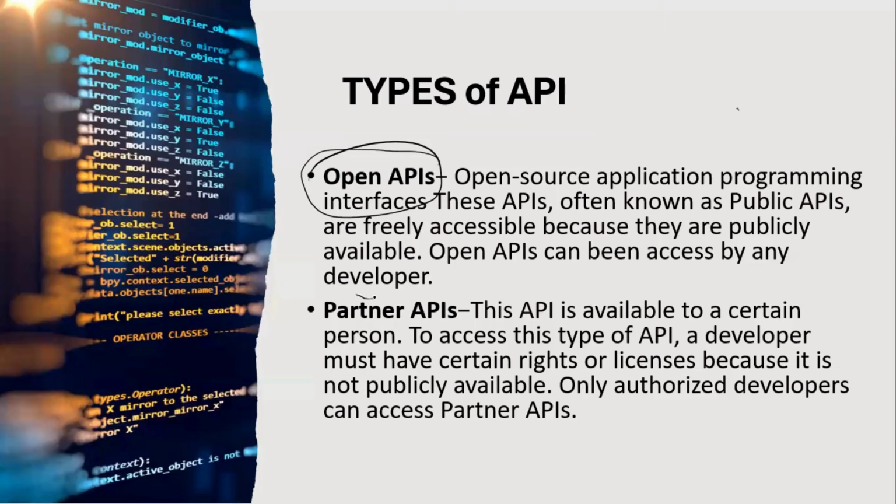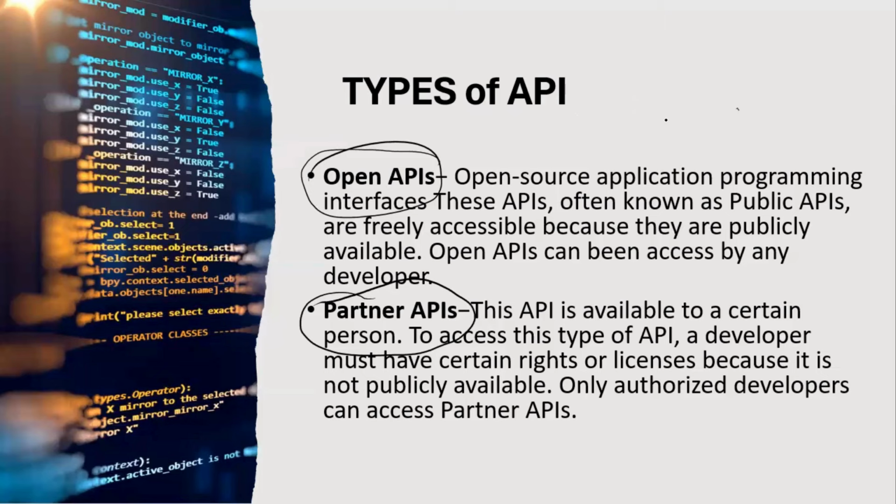Now we have partner API. The perfect example here is a payment gateway. When I am using a payment gateway for my website, I need to pay certain charges. I have certain authentications. It is not openly available for every individual to come to my Razorpay server and access the data or perform the payment.